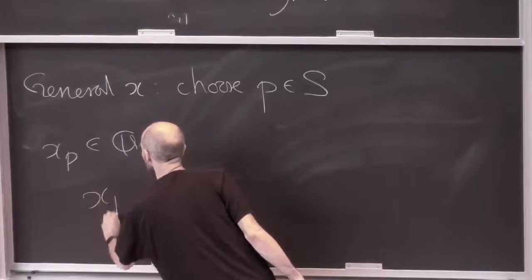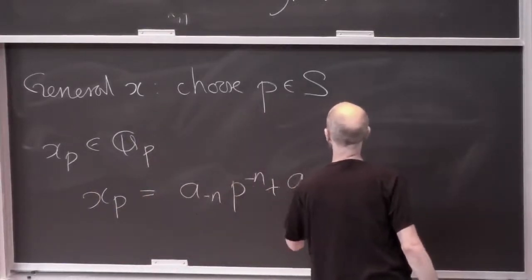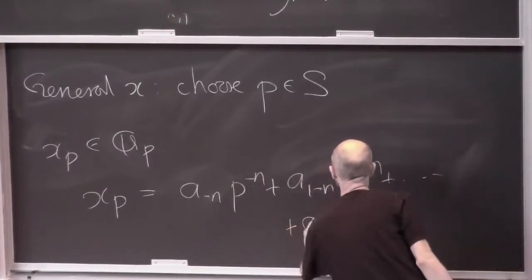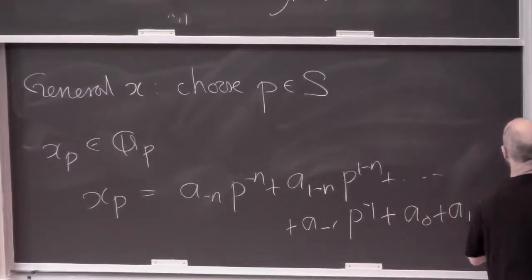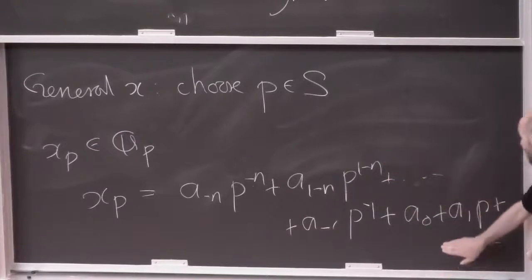So I can write x_p explicitly. It's a_{-n} p^{-n} plus a_{1-n} p^{1-n} plus dot dot dot, plus a_{-1} p^{-1}, plus a_0, plus a_1 p, plus dot dot dot. This is the finite tail. This goes on forever. This is a p-adic number.